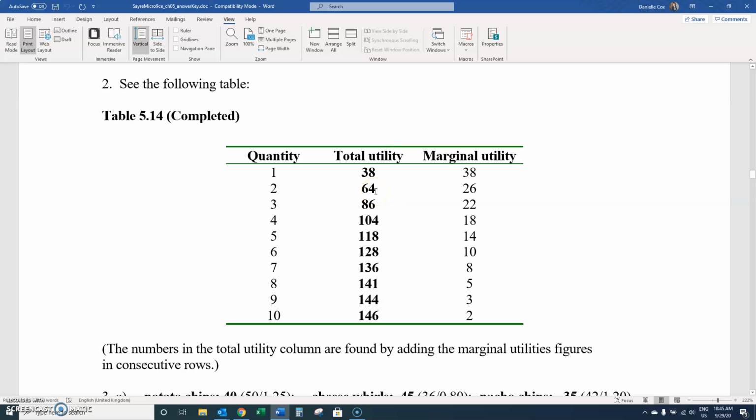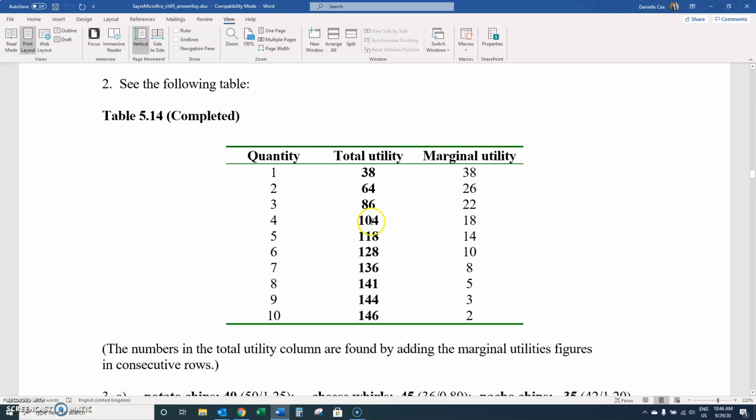Then when he consumes his third pack, the marginal utility is now 22. So the total utility is the sum of all 3, 38, 26, 22, which mathematically is easier as we go down if we just take the total from before, which encompasses these 2, plus the marginal utility of the current one, which gives 86.